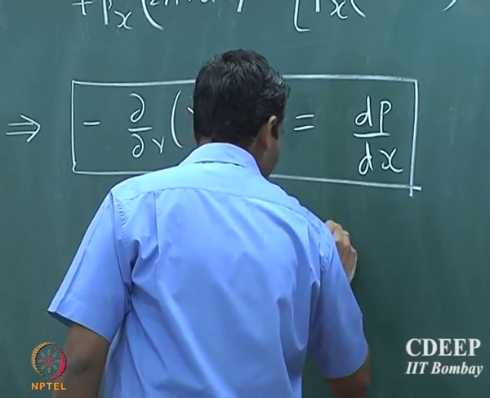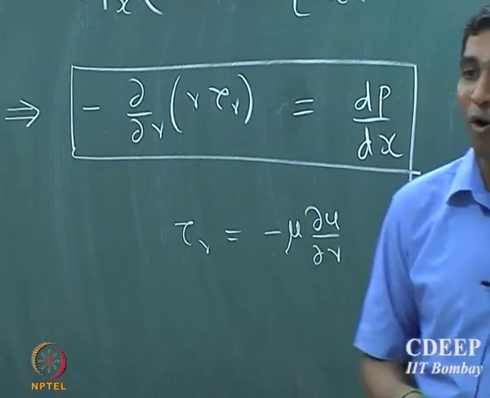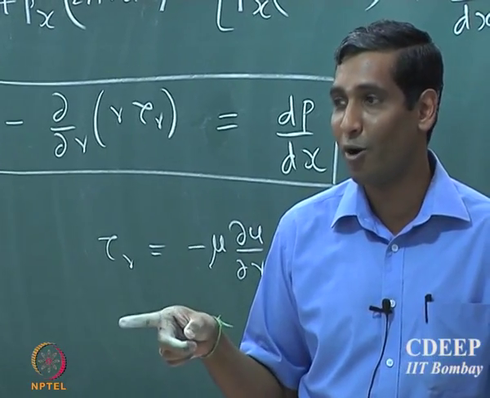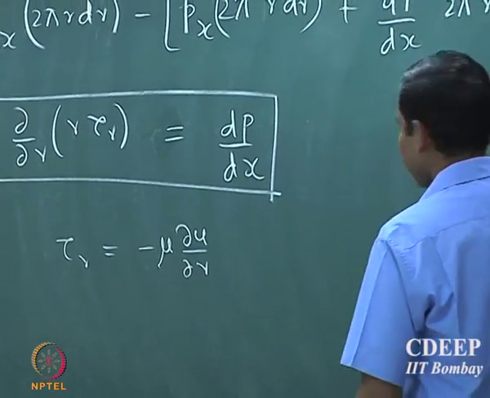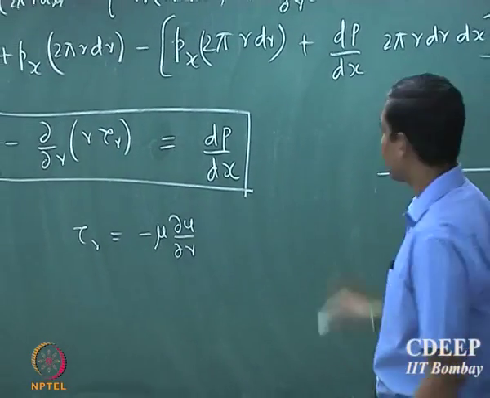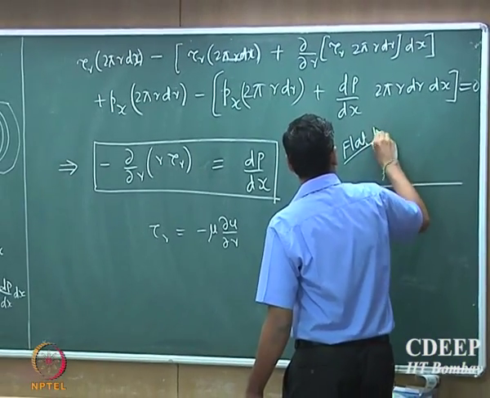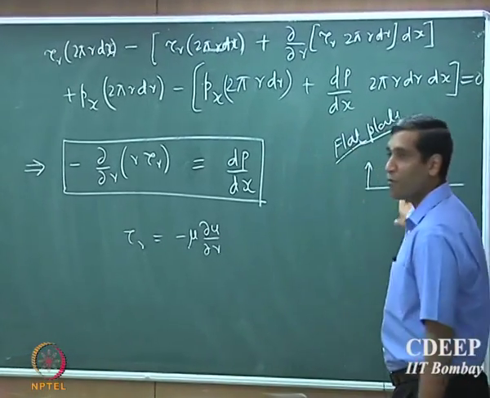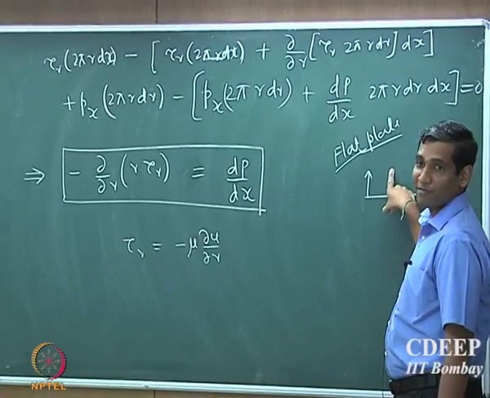So be very careful about the sign that you have. When you are actually using cylindrical coordinates, it's not the same as what you have in Cartesian coordinates. So remember that in Cartesian coordinates, in the flat plate case, the effect of the wall is actually in the positive y direction.